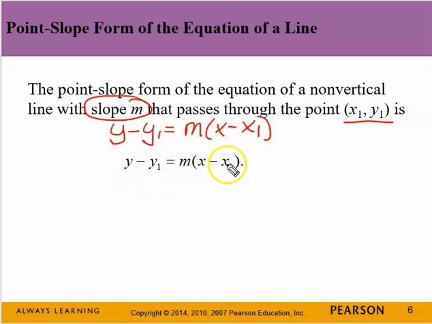And this is the formula that we call, and it's written up here, point slope form. Why? Because there's one point, x sub 1 and y sub 1, and you have the slope. So very well named.